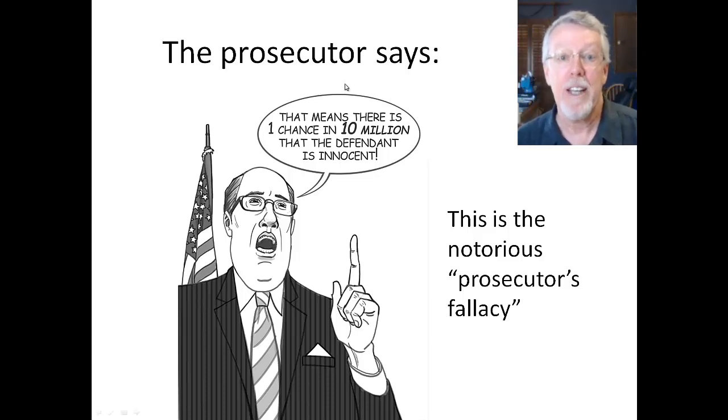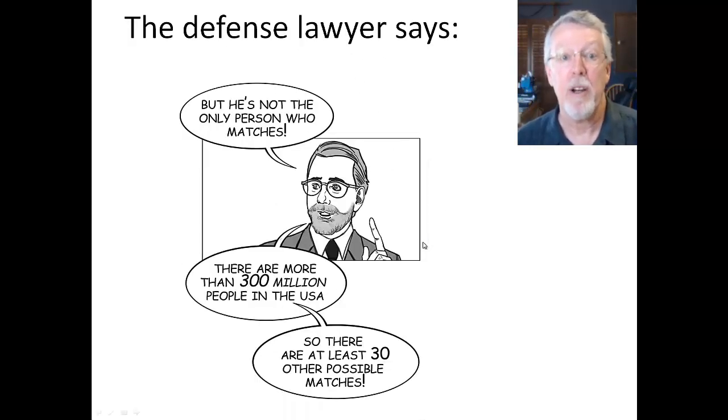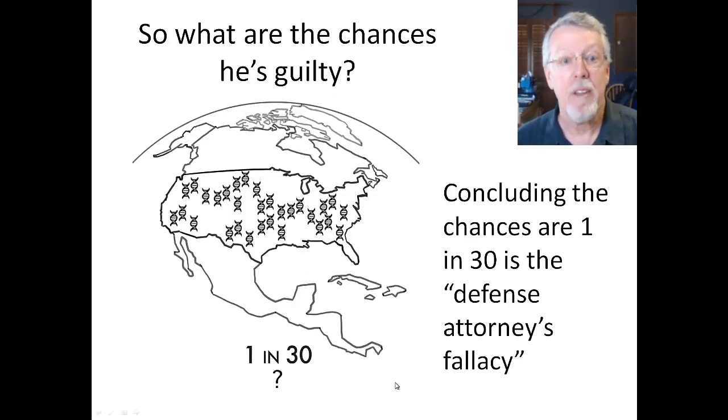What will the defense lawyer say in response to the prosecutor? Well, a smart defense lawyer will say, wait a minute. The suspect, or our defendant, is not the only person who matches. If there are 300 million people in the United States and the profile occurs in 1 in every 10 million, we would expect about 30 people to match.